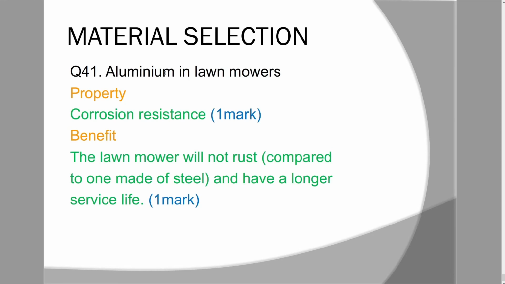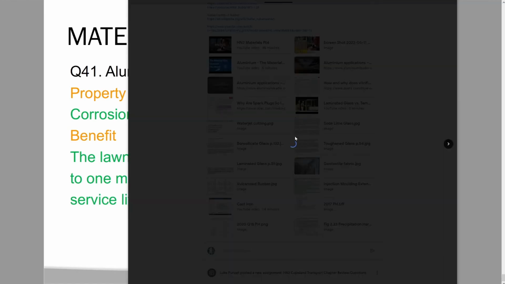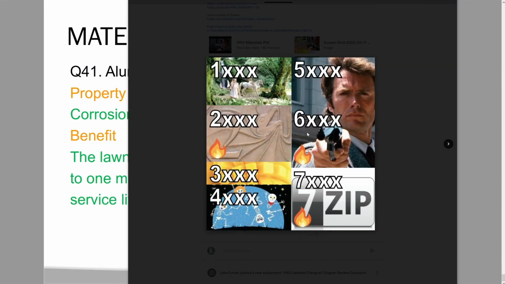In Year 12, we do talk about aluminium much more extensively. Okay, I'm back. So when we learn about aluminium, aluminium alloys can be classified by a 4-digit number, and some of them are heat treatable.